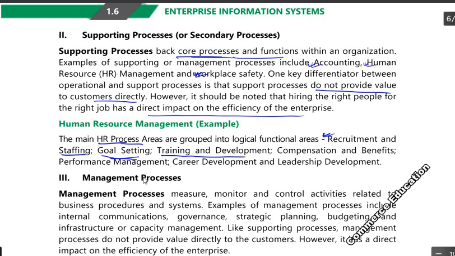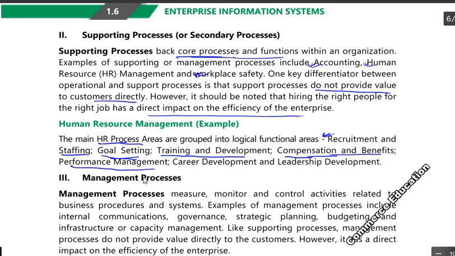Then training and development, they should be trained, their skills should be developed. Then comes into play compensation and benefits. What compensation should be given to them? What benefits other than monetary benefits should be given? Whether their benefits should be increased or decreased?